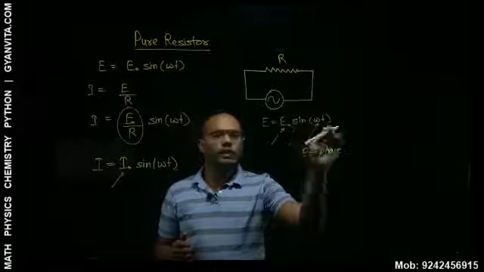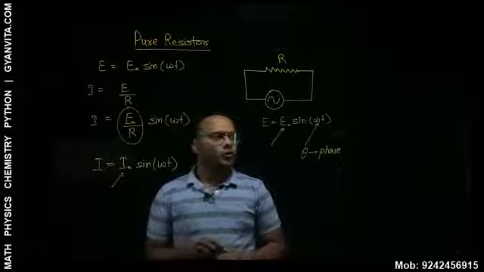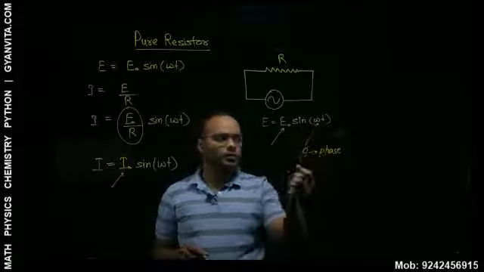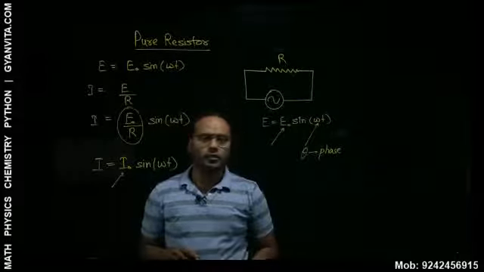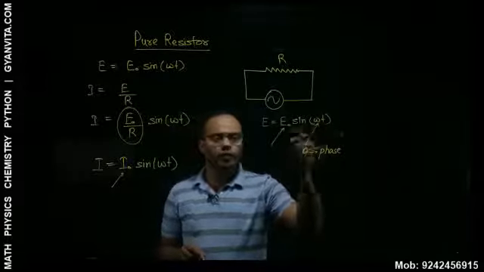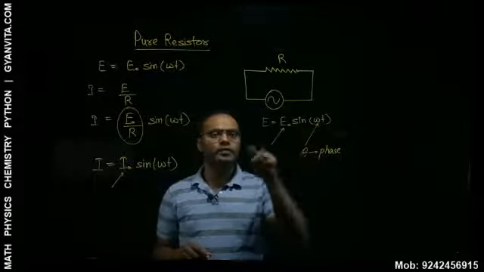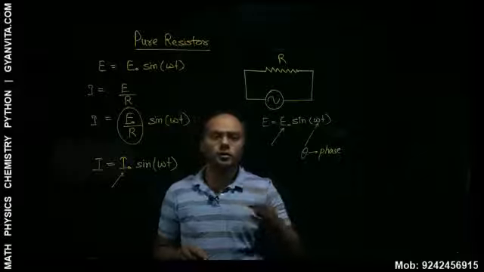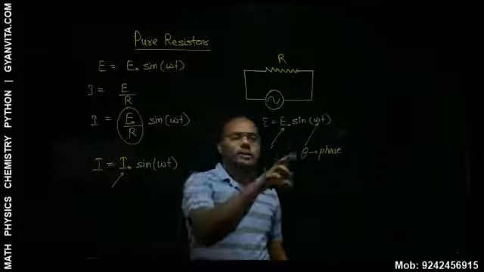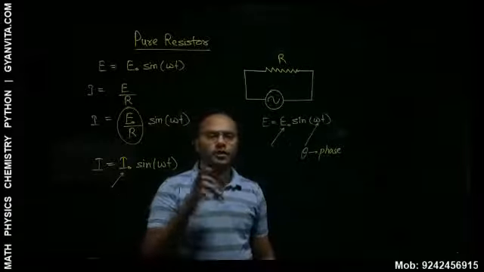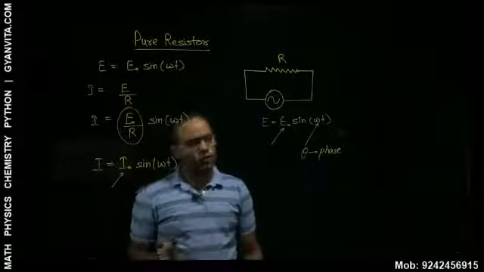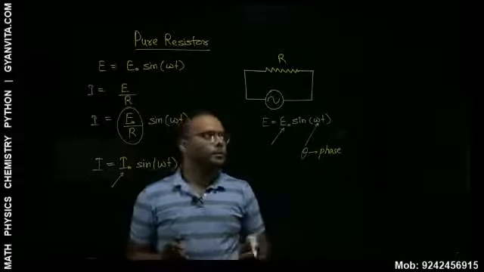Only this sine omega t will change with time, based on this theta or omega t. So this omega t is changing with time, that's why sine omega t will also change, and that will decide the phase or the state or the condition or the situation. All these things are synonyms, right? So this decides the phase in which the current and EMF are. So that's why this is called phase, right?